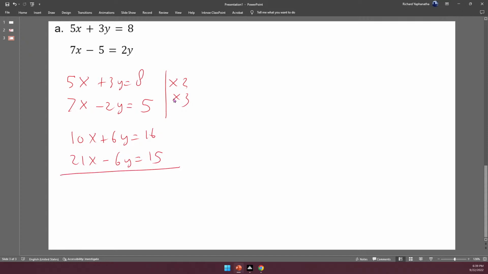And then because one is plus here and the other one is negative, to cancel this, we want to add them. That's how we end up with 31x equal to 31. We will have x is 1. After that, in another case, if we want to eliminate the x, we can do the same by multiplying all here by 7, because we see 7 here.